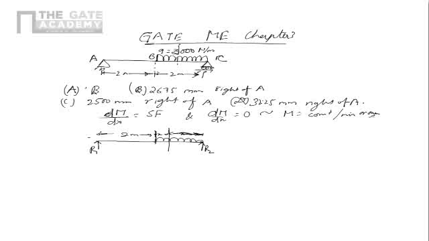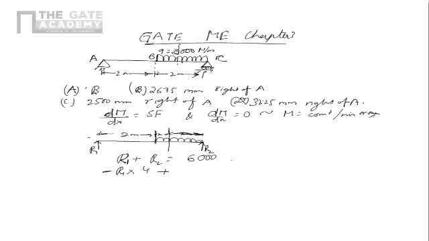Now the value of R1 and R2 I can find out by using this equation: R1 plus R2 is 6000. So this is the force equilibrium of the beam, and the moment equilibrium of the beam will provide me that, taking moments about support C, R1 multiplied by 4 minus, because it's a clockwise moment, plus anti-clockwise moment because of the distributed force.